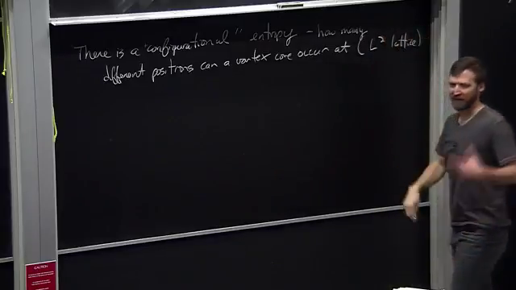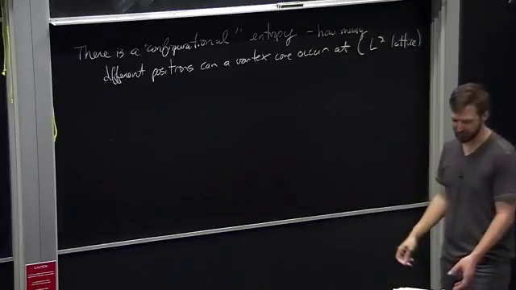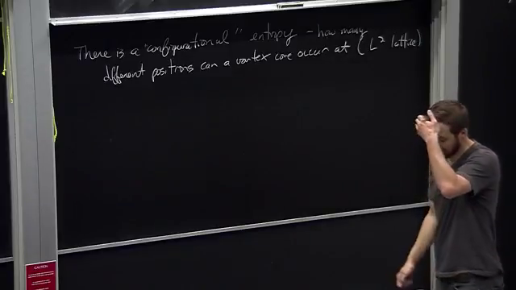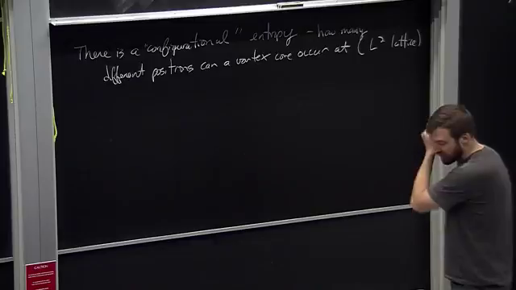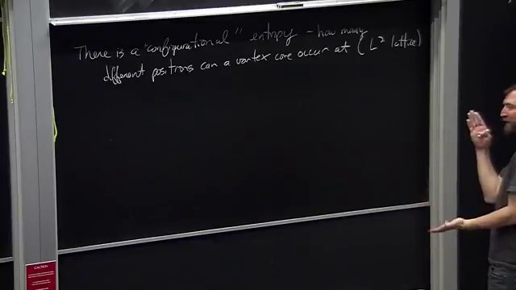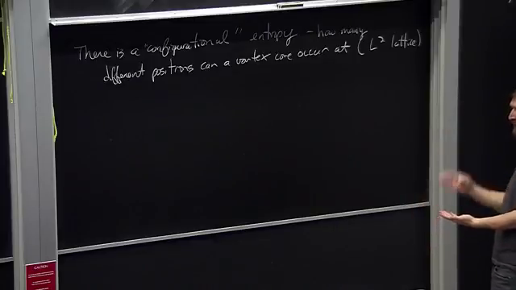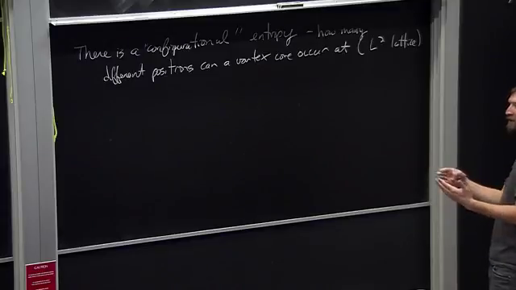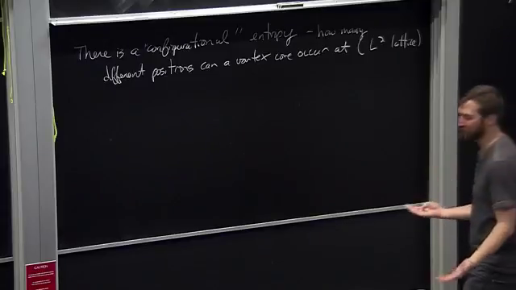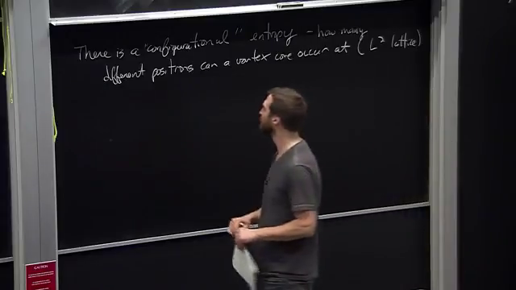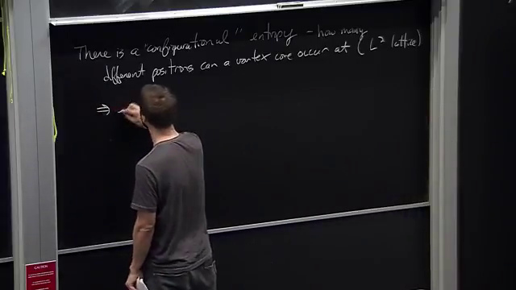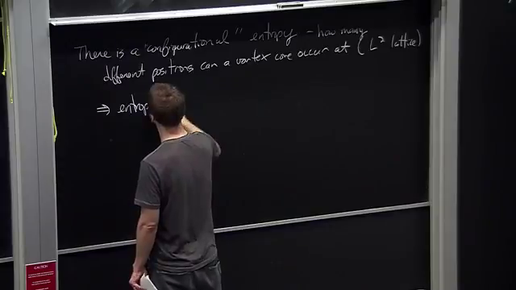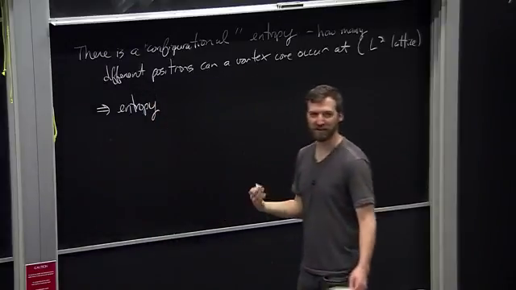Imagine I have an L squared lattice. It's square, it's L times L, it's two-dimensional. That's basically L over A, where L is measured in units of A, so it's just L over A squared. The entropy is the log of the number of accessible microstates.